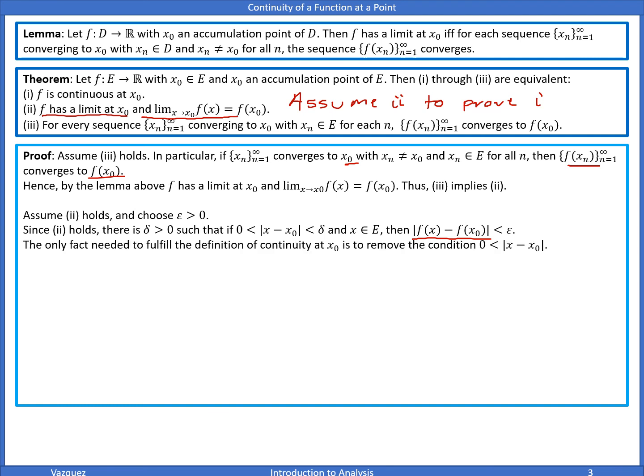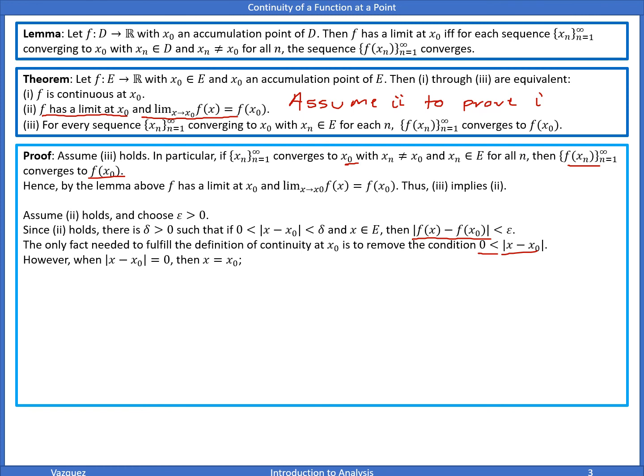The only fact needed to fulfill the definition of continuity at x naught is to remove the condition that x minus x naught is greater than 0. Like I said before, the limit definition is extremely similar to the continuity definition, but there is a difference: in the limits, this difference has to be greater than 0. So we need to remove that condition for it to be continuous.